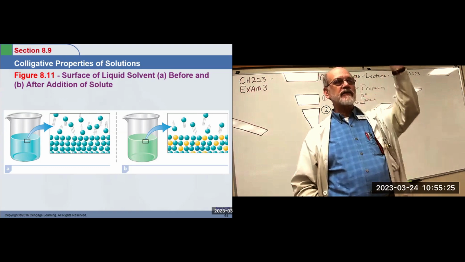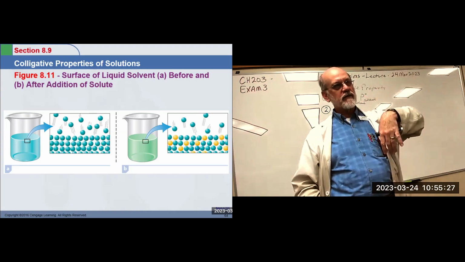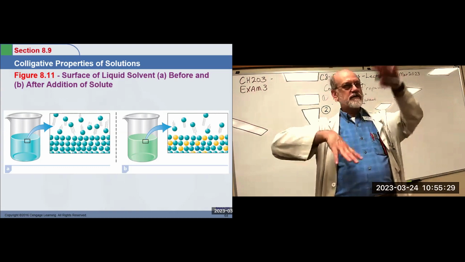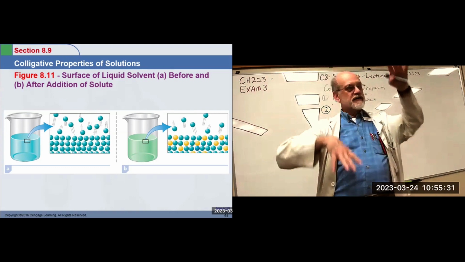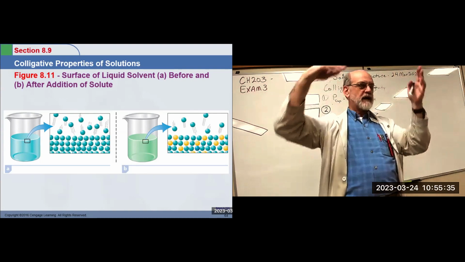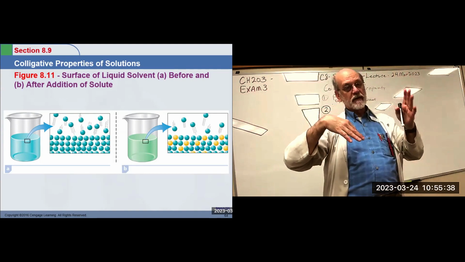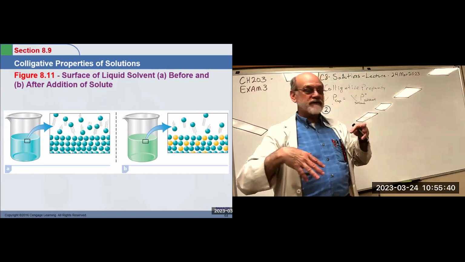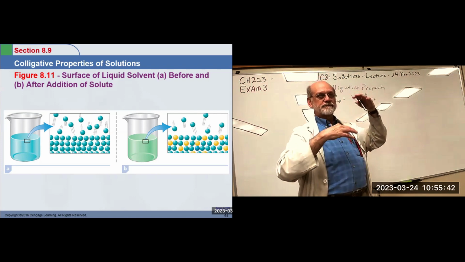And they're migrating into the vapor phase, and then they're returning from the vapor phase, and you get this play back and forth. Evaporation and condensation occur at the same rate. And in a closed vessel, eventually you build up a pressure.